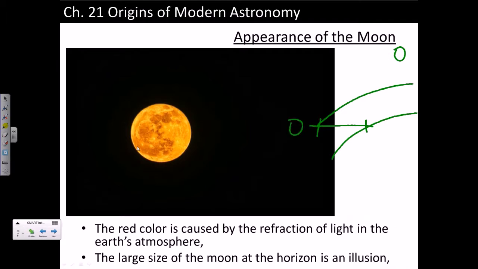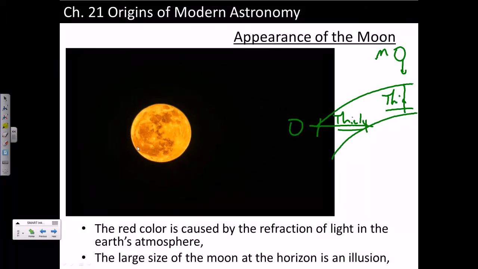So out here, this is thick, and up here, it's sending the light directly through the atmospheric layer. So this is thin, and what that ends up doing is it bends the light. It refracts the light a little bit differently, so that when it goes through the thicker atmosphere, we get more of the red light from the moon and less of the other colors like blue and green. And so more red gives it that red hue.